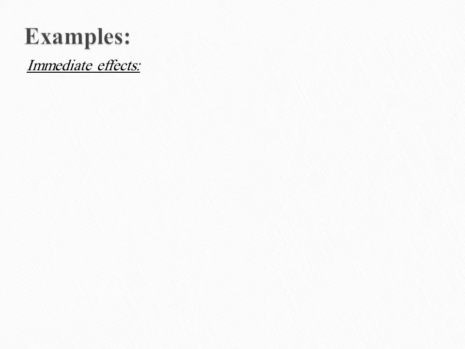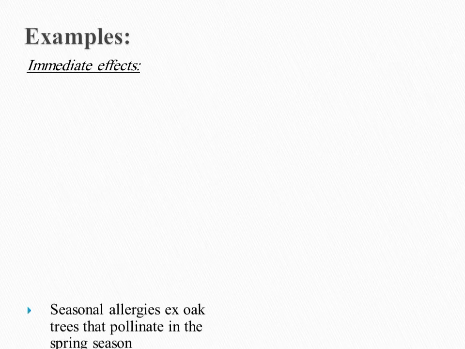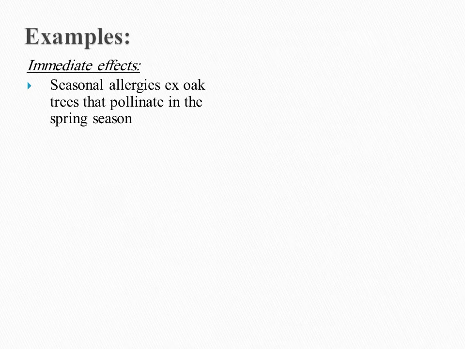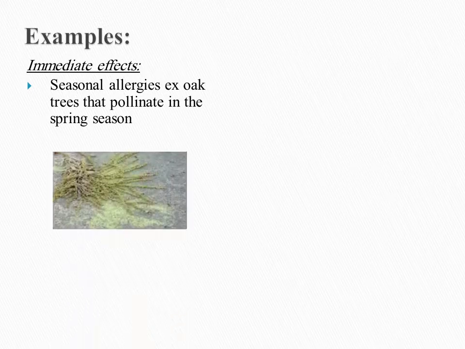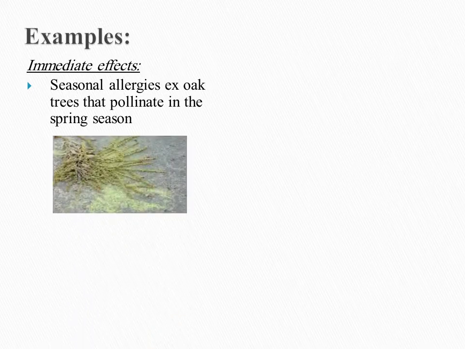There are several examples of allergens. Some of them have immediate effects, which means that they lead to symptoms directly after a few minutes. For example, seasonal allergies such as oak trees that pollinate in the spring season. So, oak trees pollinate in spring, release pollen grains, which lead to allergic reactions.